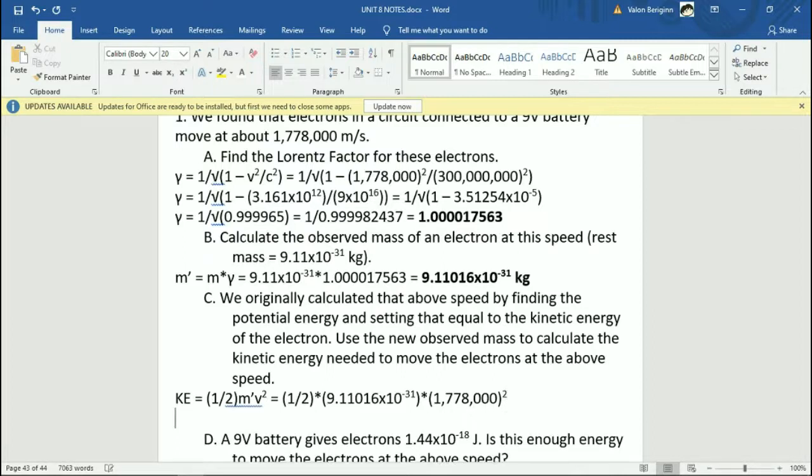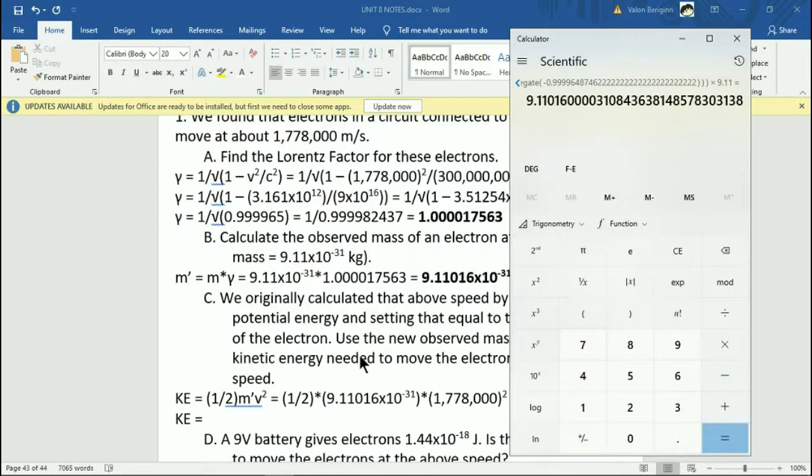Okay, so let's see. What's our mass? Let's divide this by 2: 4.55508.